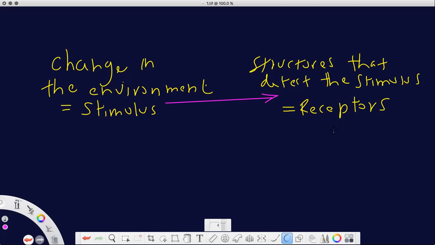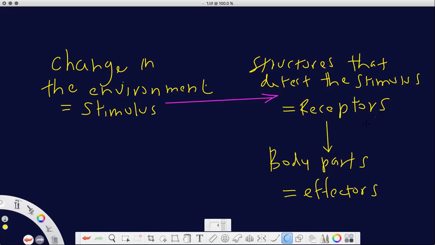there should be a communication between the effectors. Now, what are effectors? Effectors are body parts. So then receptor communicates with different body parts for the next communication. Then effectors start to work.